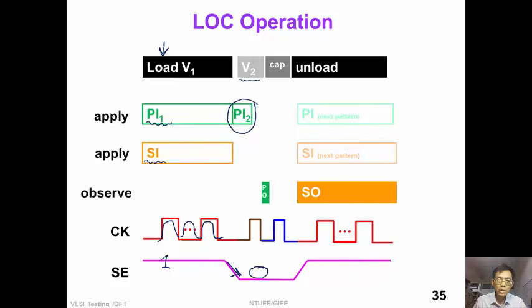At this time, we pulse one system clock to create vector number 2. Immediately after that, we can observe the primary output, and we also pulse another system clock to capture the responses from the logic.